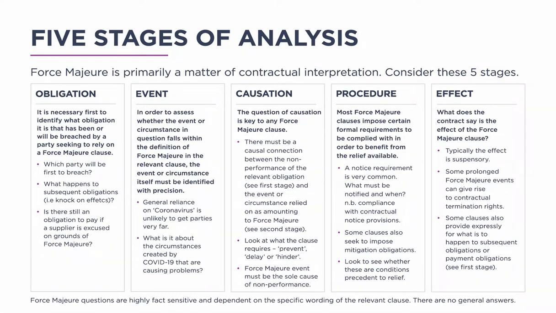One was accepted to fall within the force majeure clause, and the other was accepted to be something which was not force majeure at all. The fact that both of these were causally operative on the party's failure to perform meant that the party was unable to rely on the force majeure clause. So the force majeure event must be the sole cause of the non-performance in question.